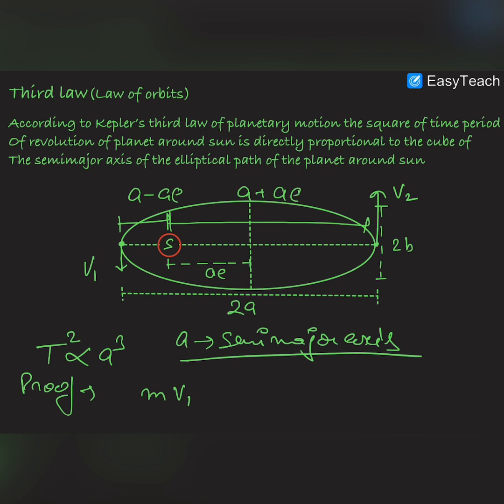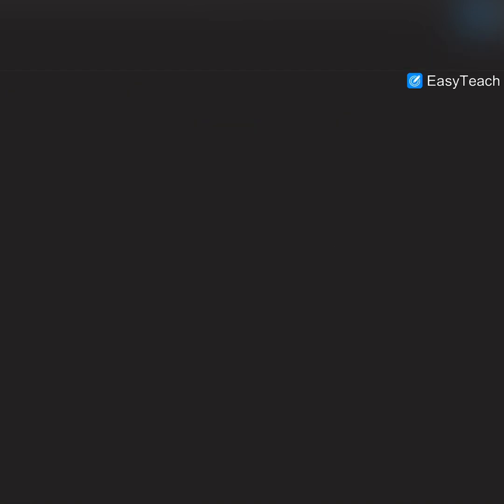So mv1 r1, where r1 is a common, 1 minus e, is equal to mv2 r2, where r2 is a common, 1 plus e. Cancelling m with m, a with a, we can say that v1 by v2 is equal to 1 plus e upon 1 minus e.